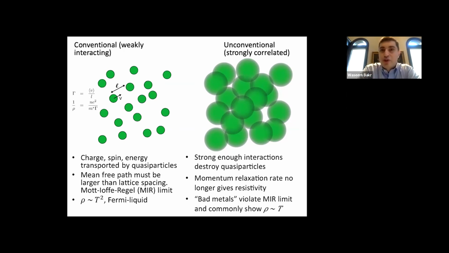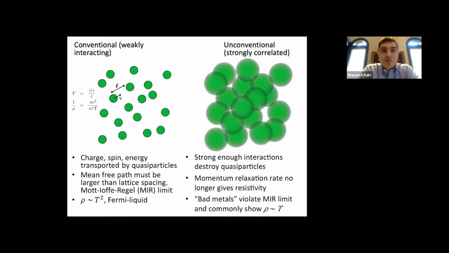Also, it cannot get shorter than the lattice spacing. So there's a minimum mean free path you can talk about. And that corresponds through these relations to a maximum resistivity you can reach. So if you take a quasi-particle system, you heat it up, then the resistivity will eventually saturate at some limit. And that's what's known as the Mott-Ioffe-Regel limit, this MIR limit, the maximum resistivity or minimum mean free path.